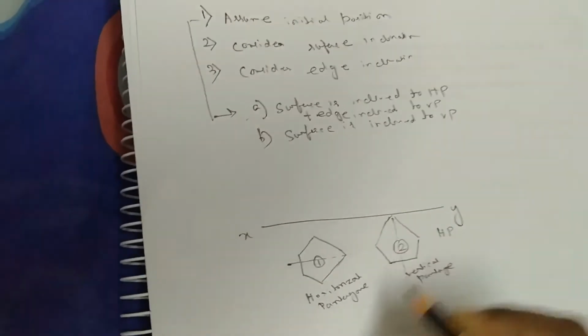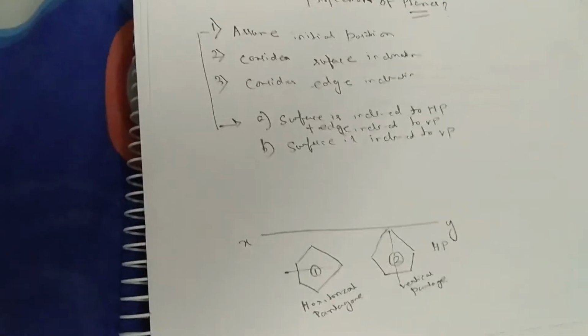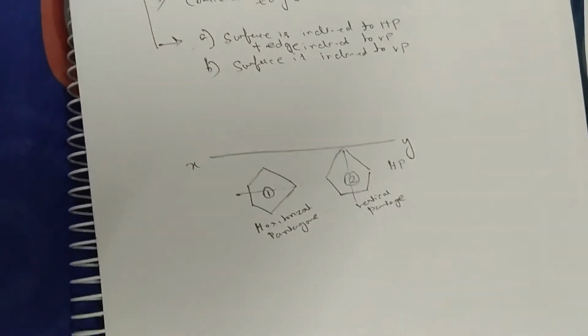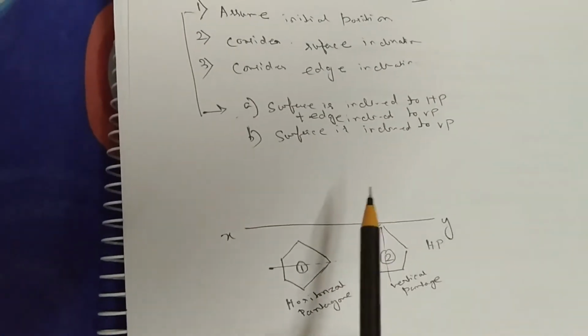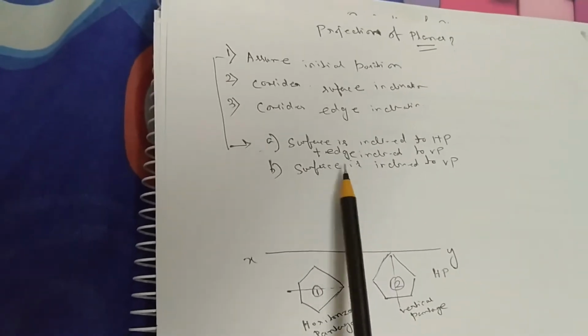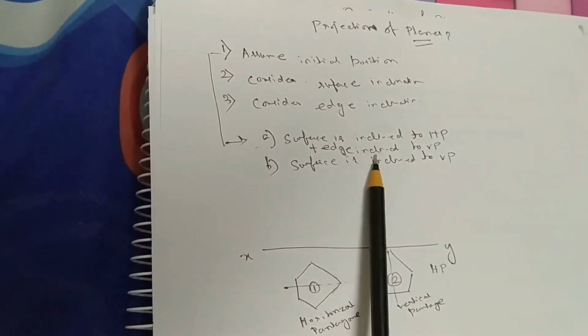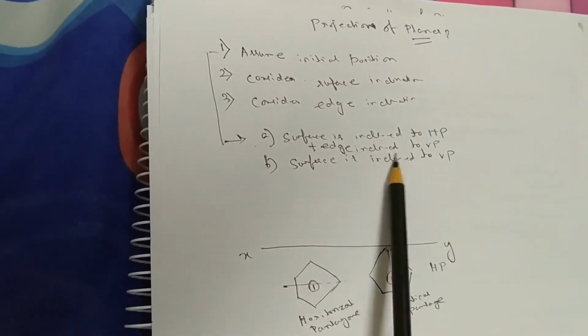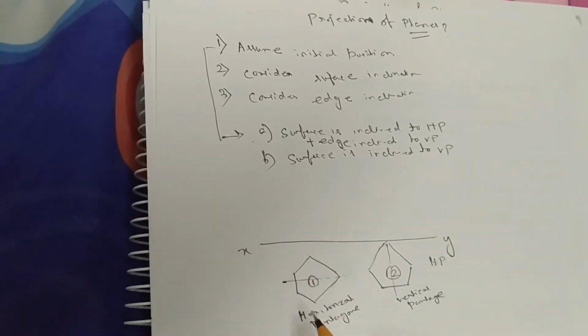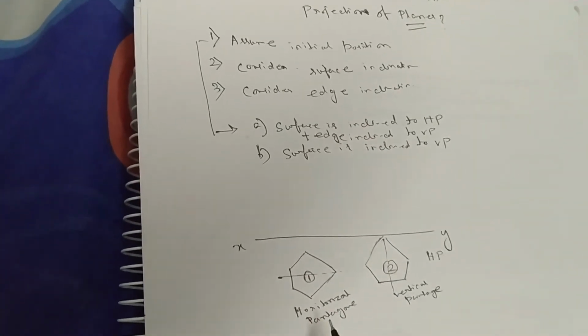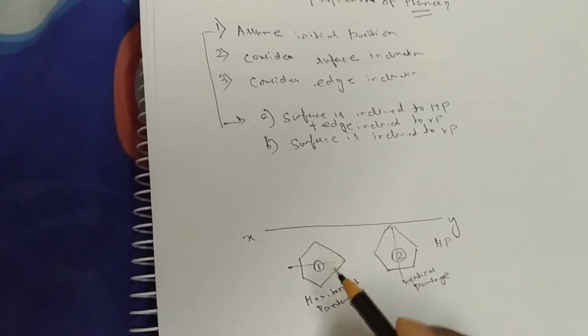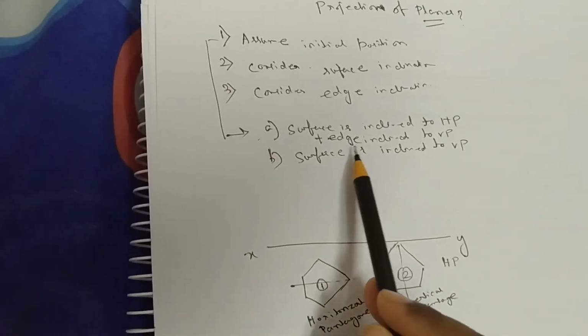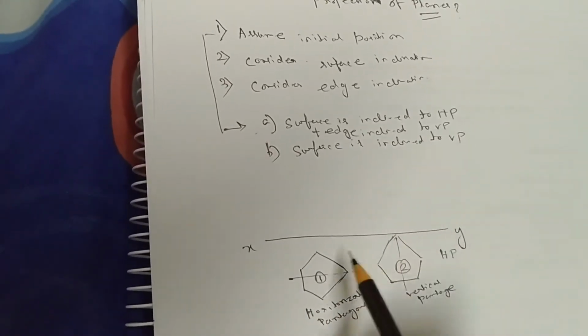Case 1, case 2. Though this is your third step consideration, you have to assume it in the first step only. So first it is saying edge inclined to VP.